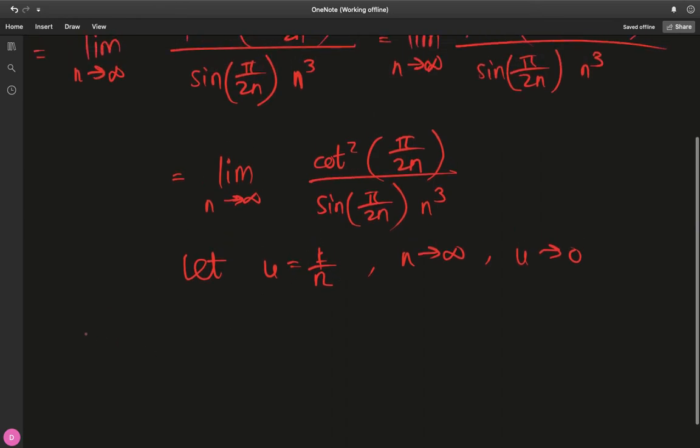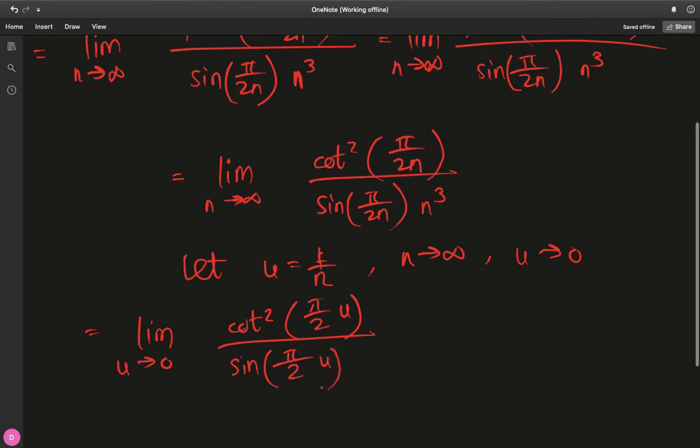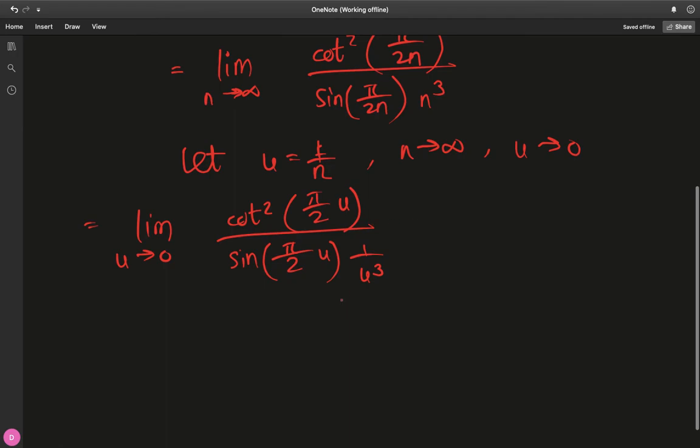So this entire limit can be written as the limit as u goes to 0 of cotangent squared of pi over 2 u, since 1 over n is u, divided by sine of pi over 2 u and 1 over u cubed. N is 1 over u, that's why.